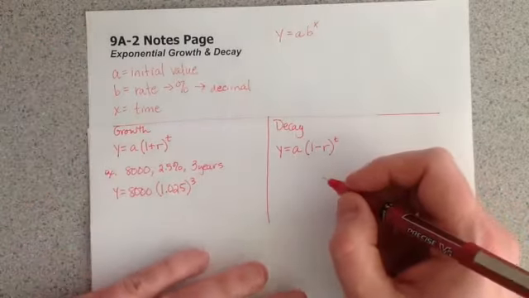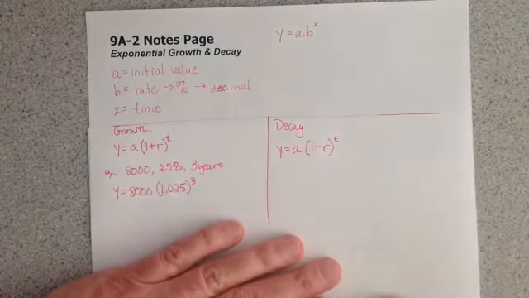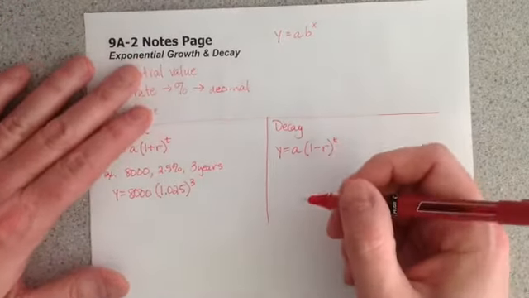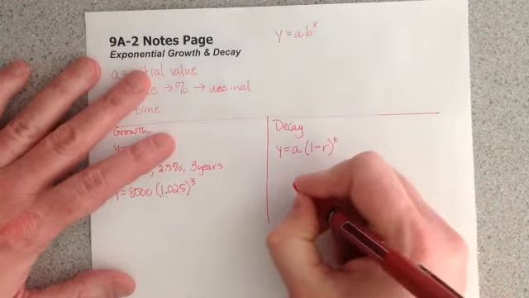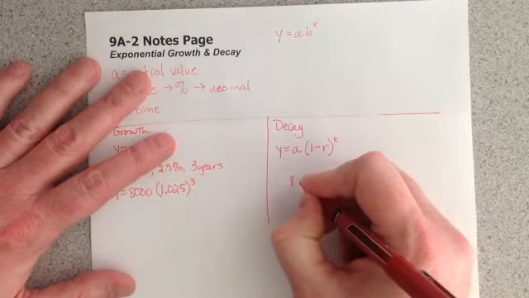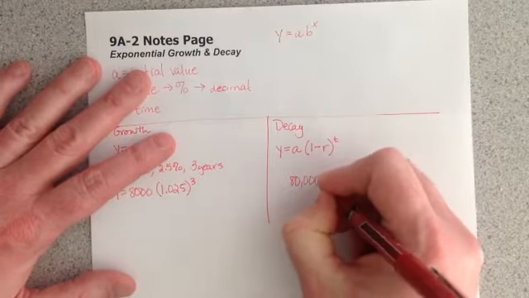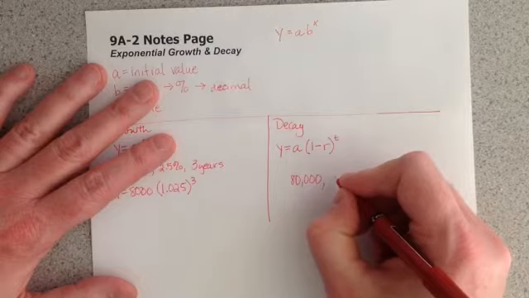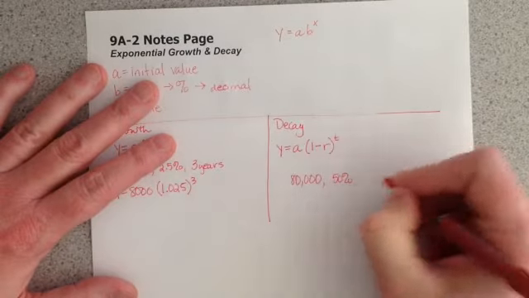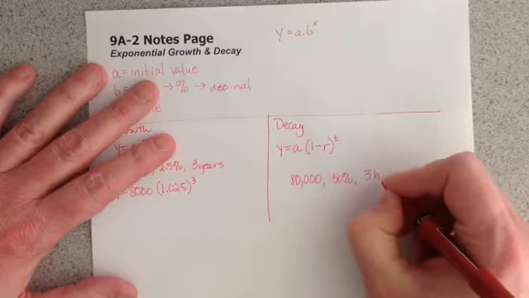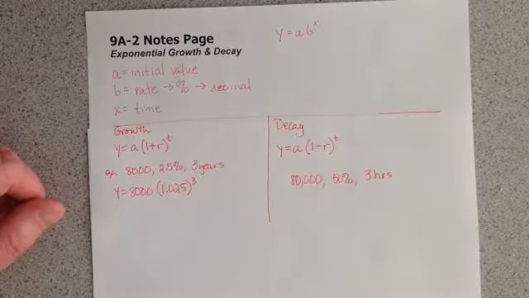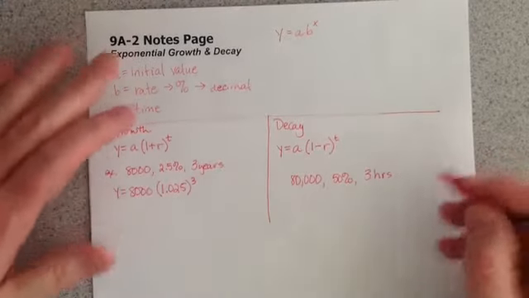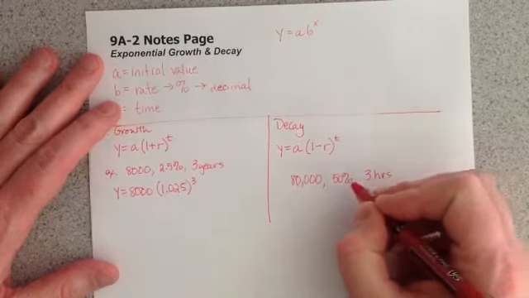Let's talk about a decay. Let's say it's a half-life of a cell. Okay, so you probably talked about half-lives in science. Well, we're going to say that there are originally 80,000 cells, and they decrease at 50%, and so then I need to figure out, sorry, not every 3 hours, but at 3 hours, how many cells would I have left?